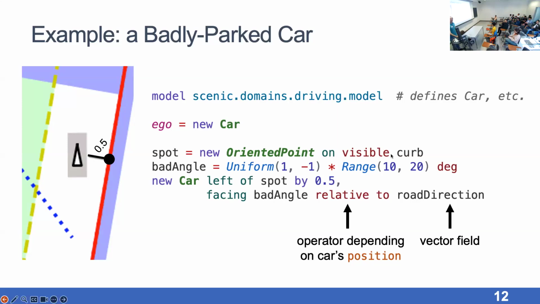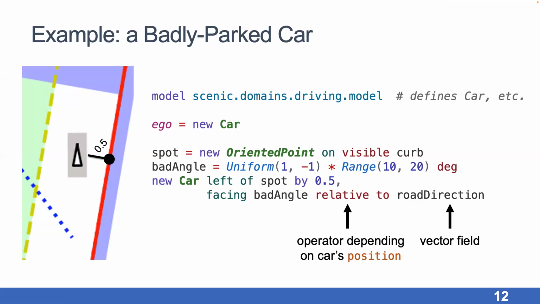There's also a visible from function in Scenic. So you could say, I think it's curve visible from taxi or something like that. And then it would give you the part of the curve which is visible from the taxi. So this is kind of a shorthand for that, where you don't have to say it's with respect to the ego. It's just understood. Does that make sense? Yes, it does. Thank you.